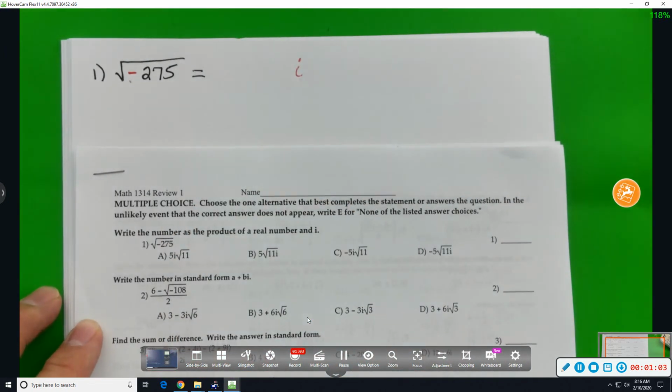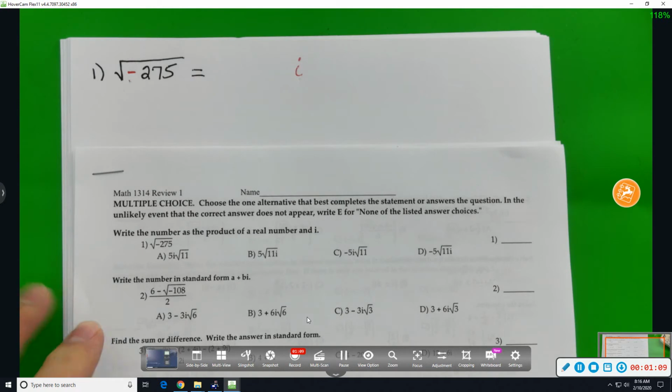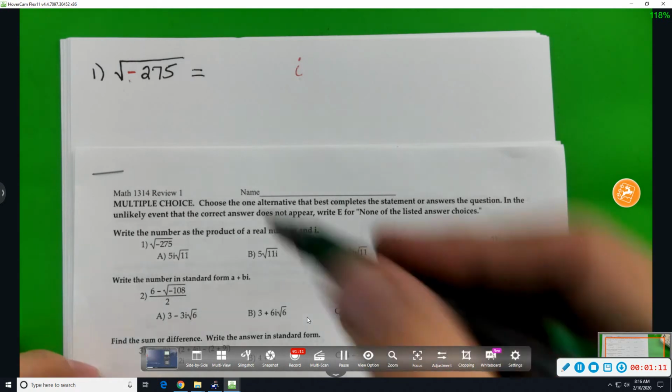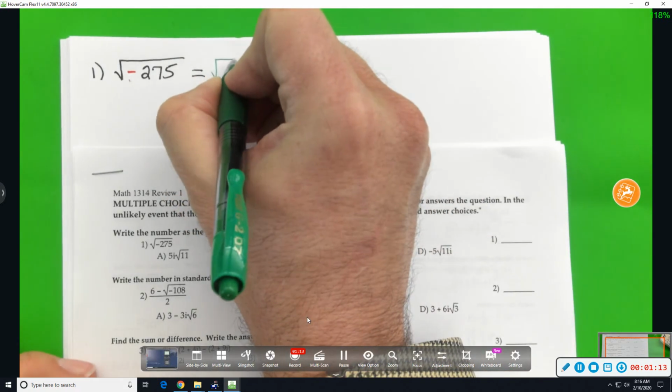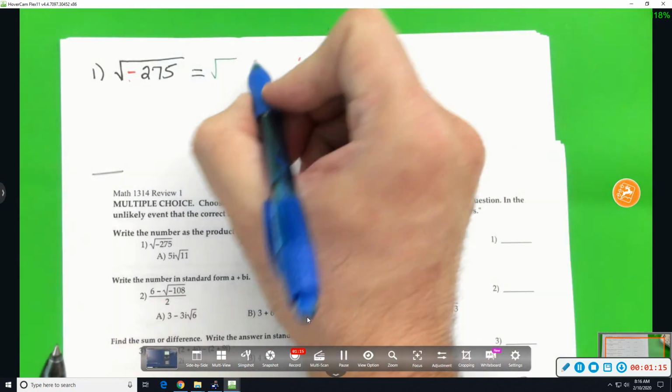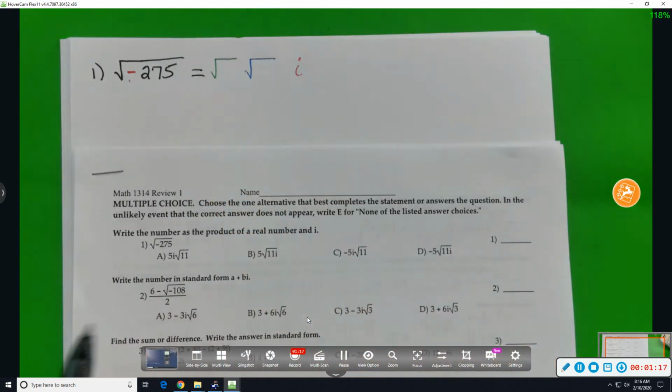And then to simplify that square root of 275, well, that's that stuff we did on day 1. We rewrite 275 as a product using a perfect square. What are the perfect squares? 4, 9, 16, 25, 36.